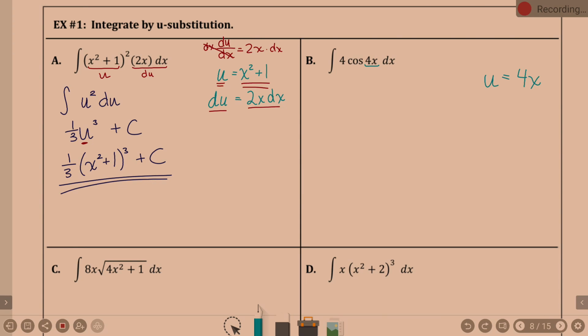If u is 4x, and if this doesn't work out at all, then you go back to the drawing board and you try something else. Why shouldn't it be just cosine? Because that's not the whole problem. It's 4 times cosine 4x, but the 4 is just a constant.